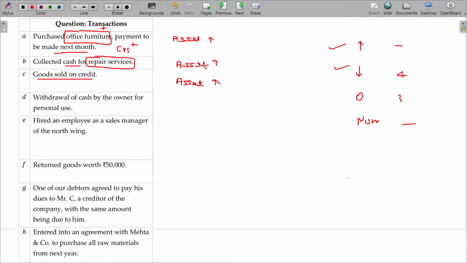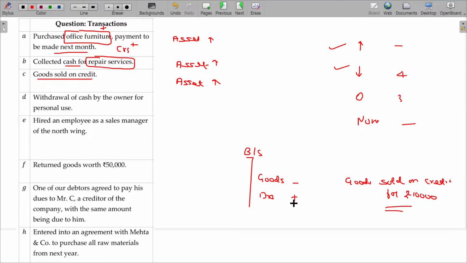For example, goods sold on credit for rupees 10,000. Come on, tell me. How are the things posted in the balance sheet? You will subtract goods, am I right? You will add debtors, am I right?